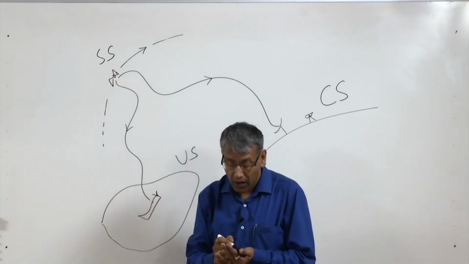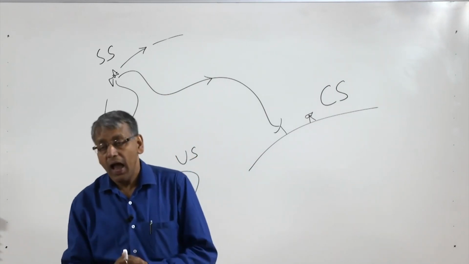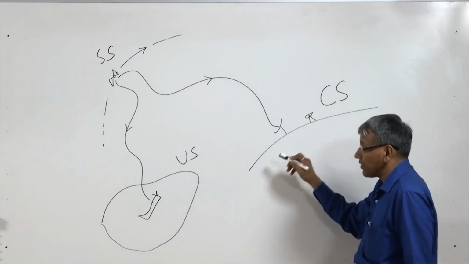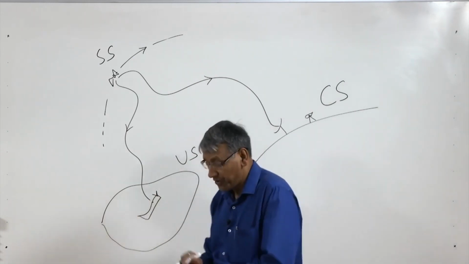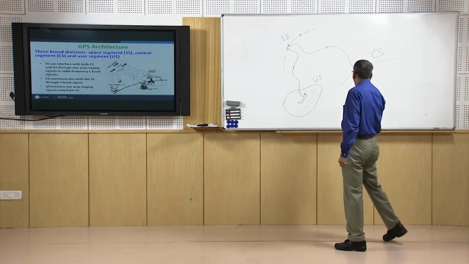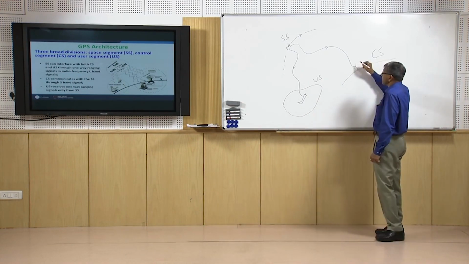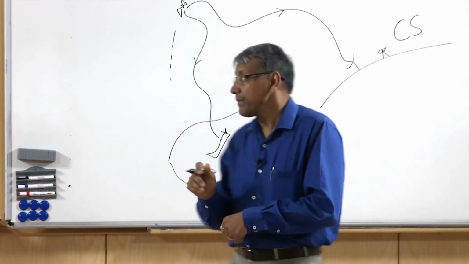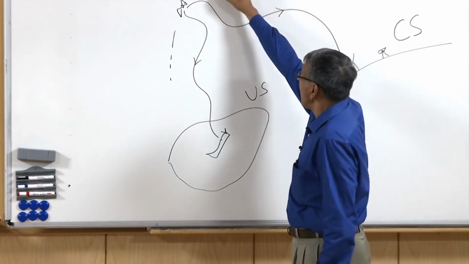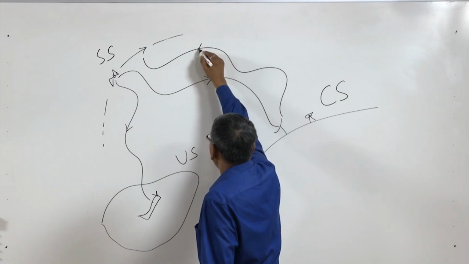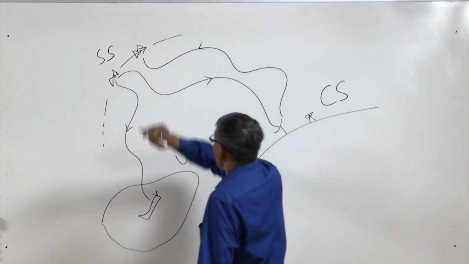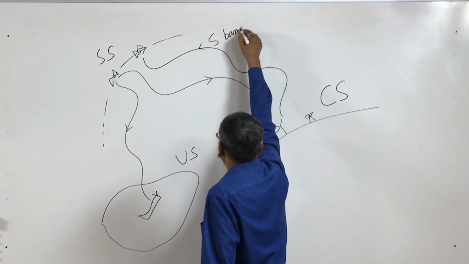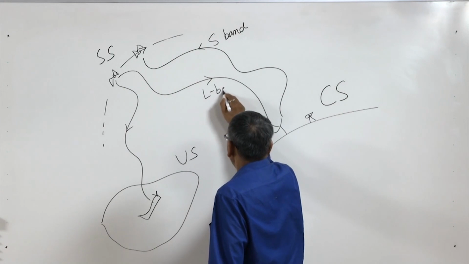From satellite vehicles, one-way ranging signals are coming and these are received by the control segment monitoring stations as well as user segment receivers. On the other hand, the control segment can also communicate with the space segment through again a one-way ranging signal, but these signals are in S band, while this is in L band.